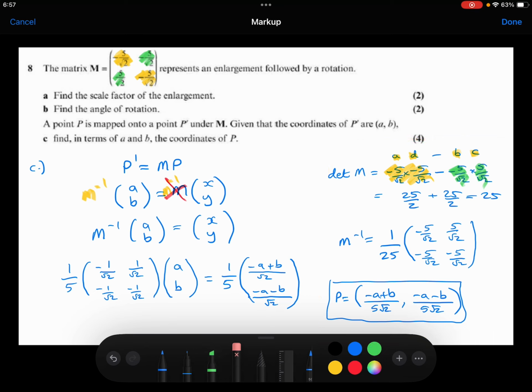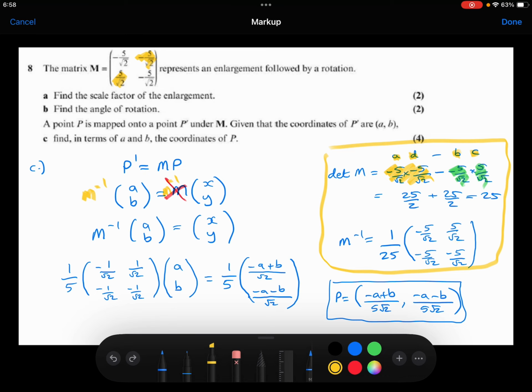So therefore my inverse matrix, I've divided by the determinant, then I have swapped the A and the D around, which actually doesn't make any difference in this case. And then I've changed the signs on the B and the C. So this is positive, this is negative.